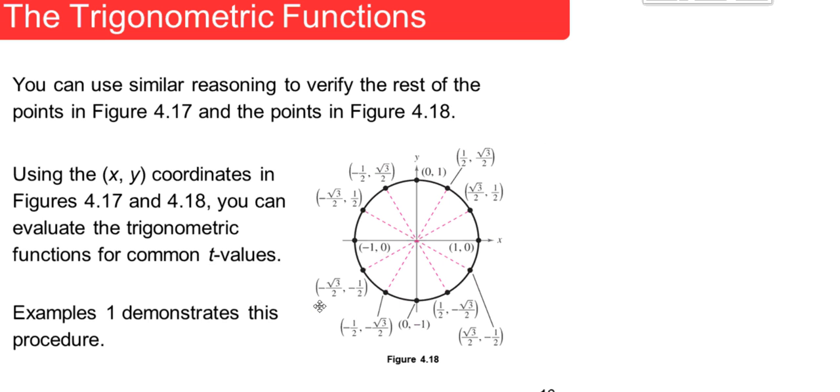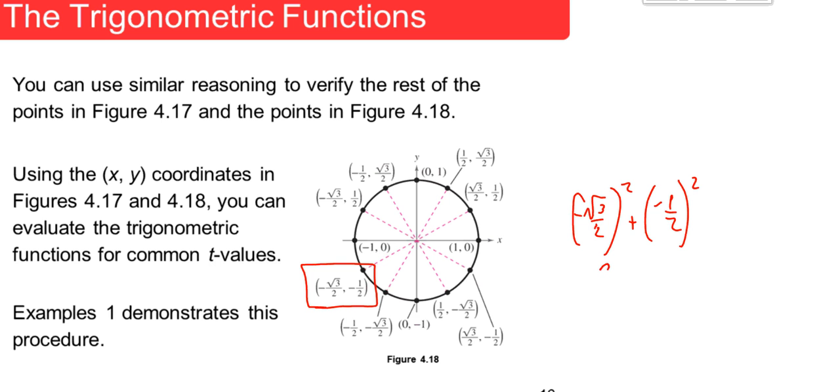I'll just pick this one. If I take negative square root of 3 over 2 and square that, plus negative 1/2 and square that, negative squared is positive, we just talked about that. That'll be 3 over 4 plus 1 over 4, and that's 4 over 4, or 1. So that one works as well.